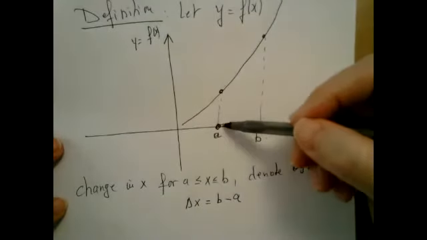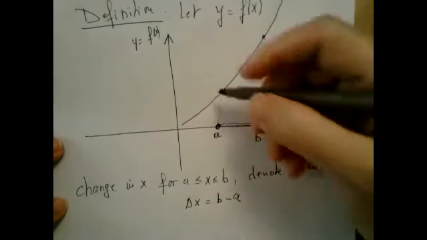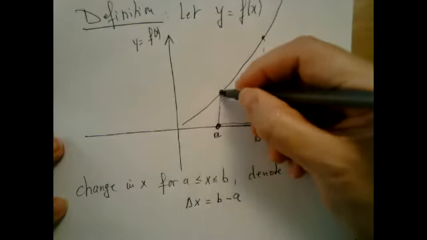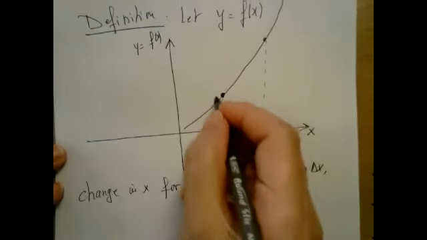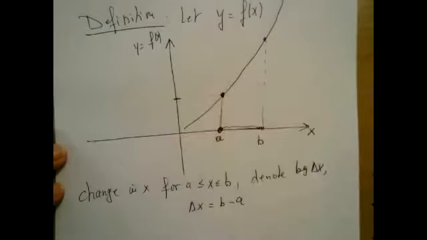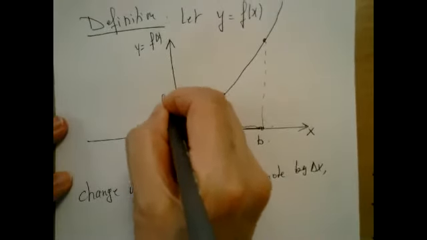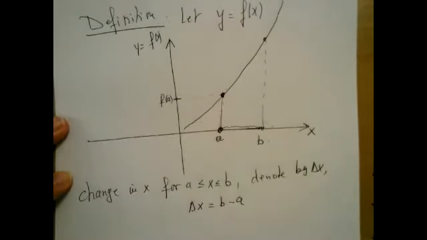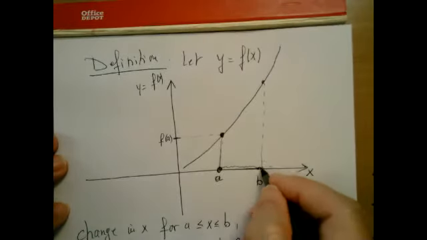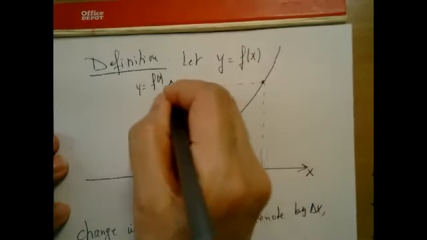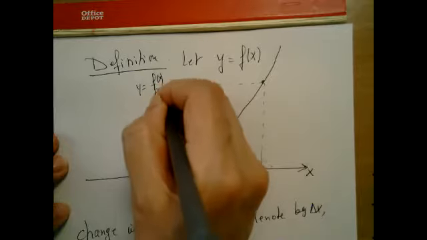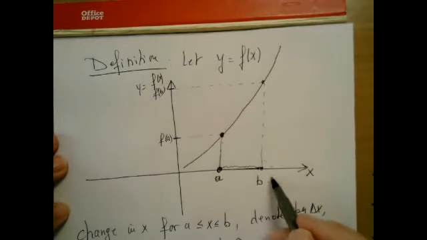Now, as we move from here to here, my output changed. So my output was right there. This is f of A. And then it's changed, like the population changing. So this is B, this is f of B. Okay, so my output changes.